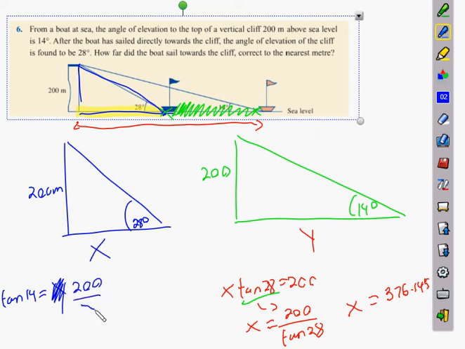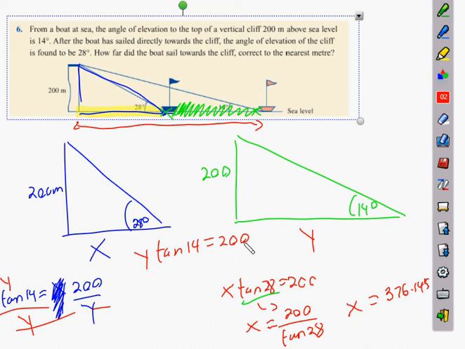Is everybody happy with that? Yeah. 200 over y, opposite over adjacent. What do I do next? Give them both a y, top and bottom. Yeah? Same denominator disappears. Now you're left with y tan 14 equals 200.